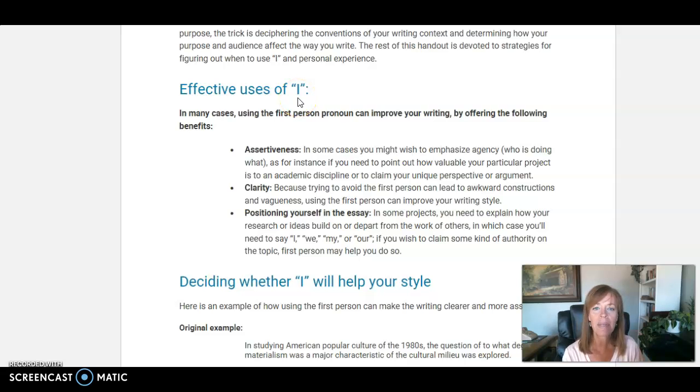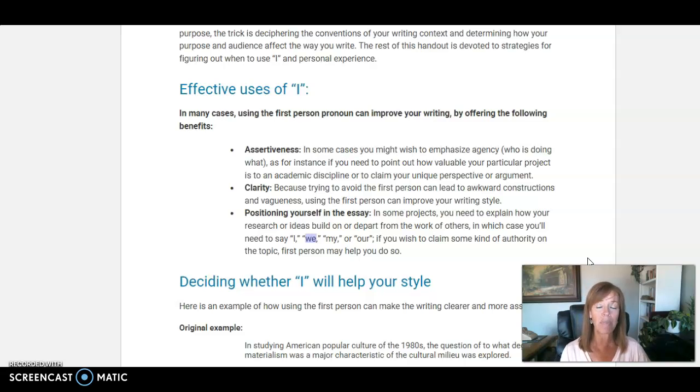The only time the I or we or our, that inclusive first person, is really acceptable is when you are talking about your research process, the research methods that you did. And the only time you would use we would be if you are talking about your research methods and you had written it with a partner or a co-author.